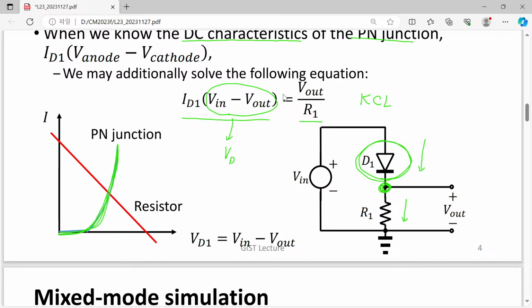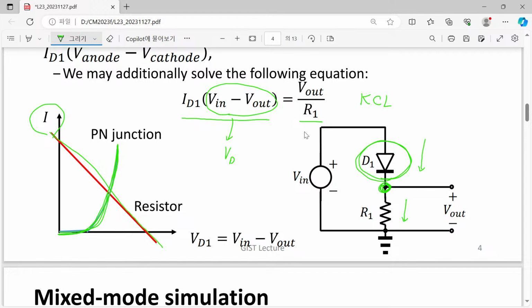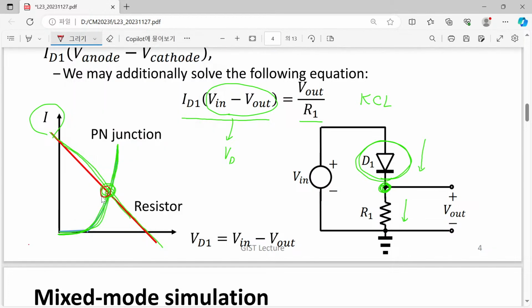And here we have the linear dependence of current with respect to diode voltage, taken from the resistor. You can easily understand this one. After that, their cross-section meeting point is here. So you can see that this one determines the operating point of this rectifier.